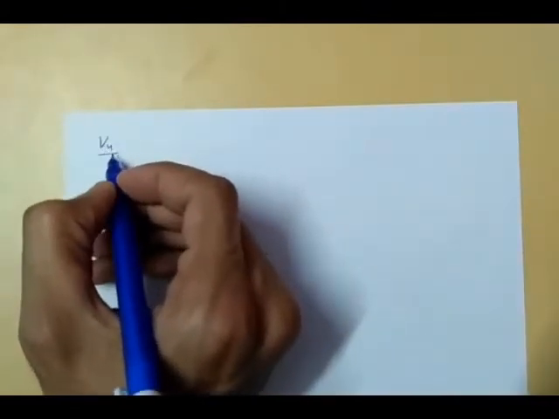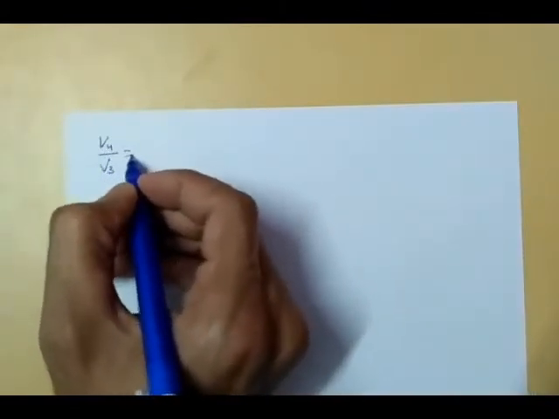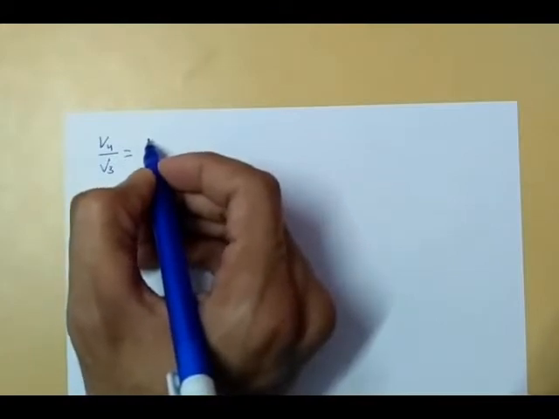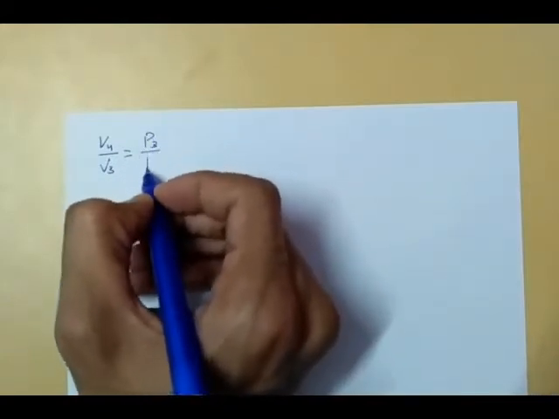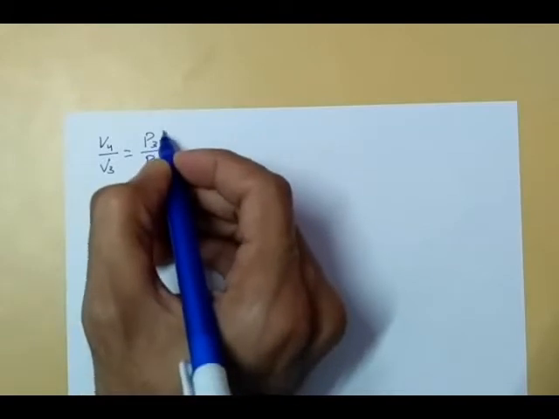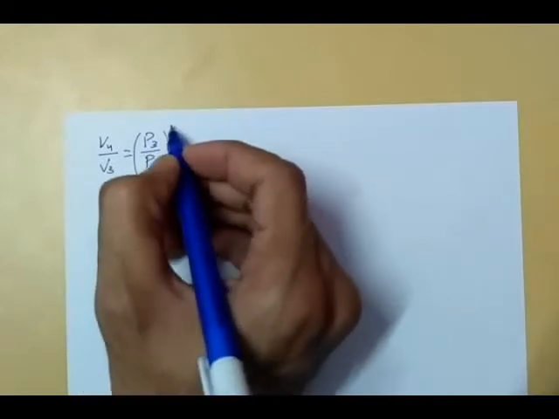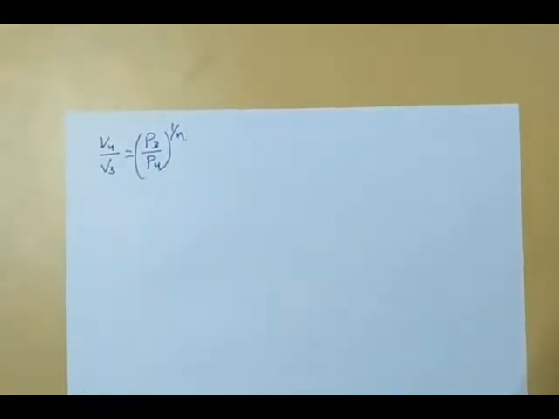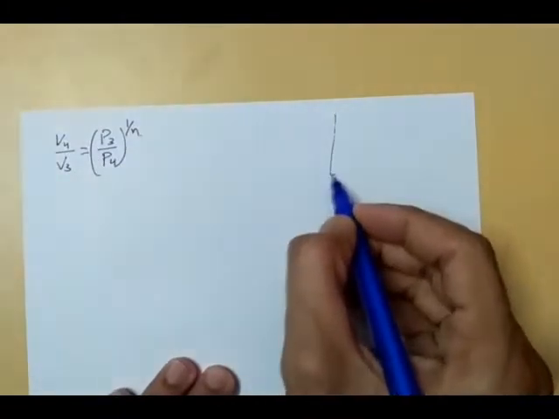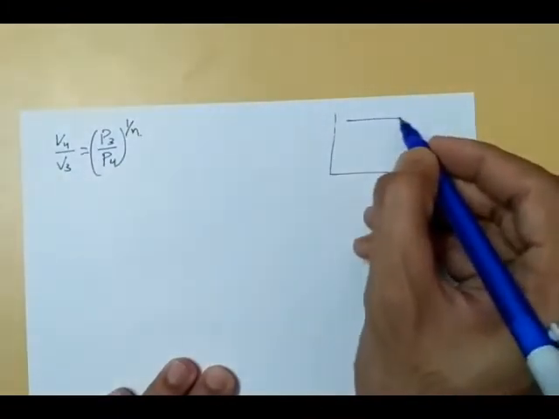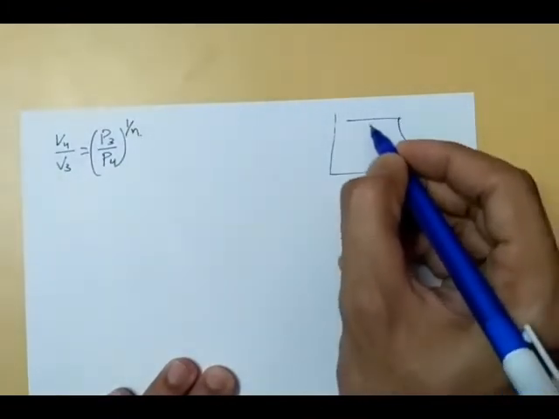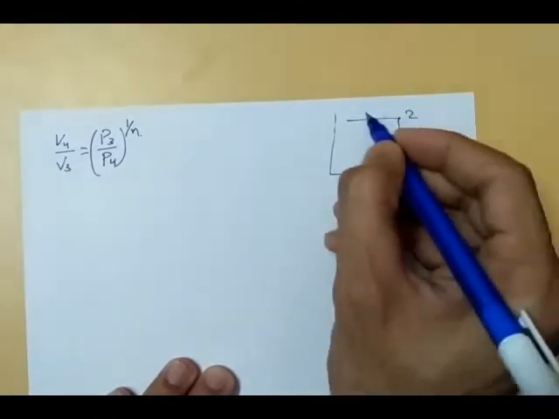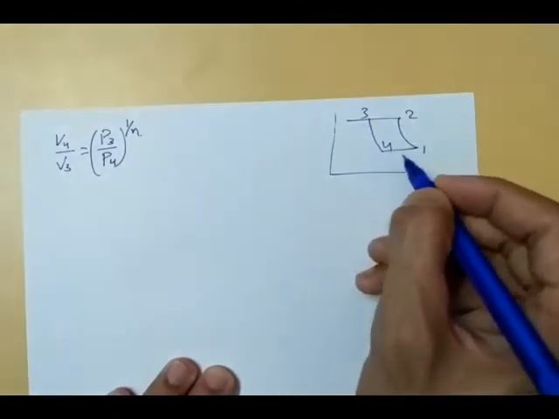So what we can write is V4 by V3 is equal to P3 by P4 power 1 by n. In this graph, if you can remember, this is 1, 2, 3, and this one is 4.